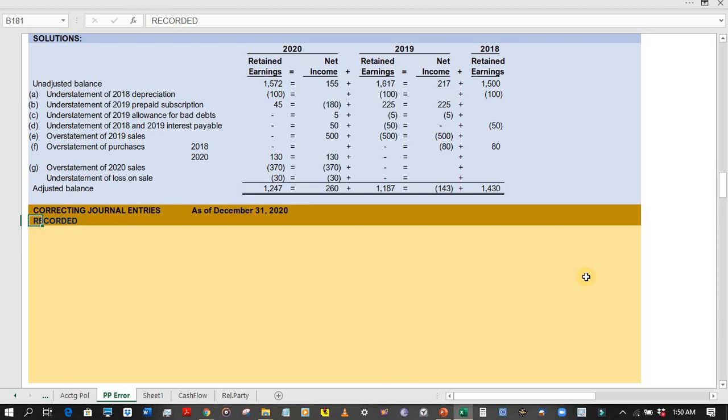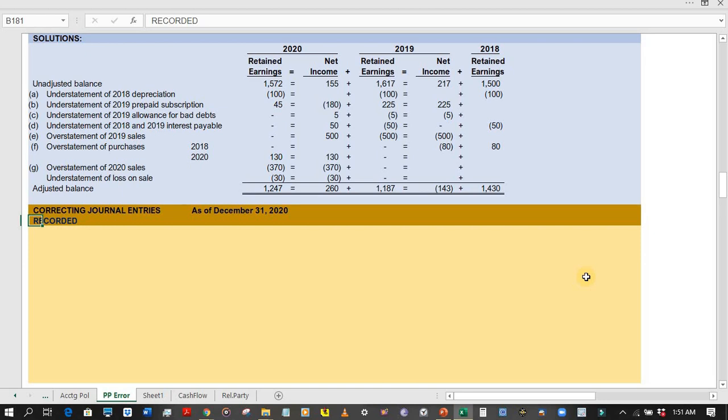Again, since the current year is 2020 and the errors were discovered in 2020, it means that before the preparation of the financial statements in 2020 or before the nominal accounts are closed in the retained earnings, the entity should record corrections before the preparation of 2020 financial statements. So it means that the books of 2020 are still open. So we can still adjust the nominal accounts in order to correct the net income.